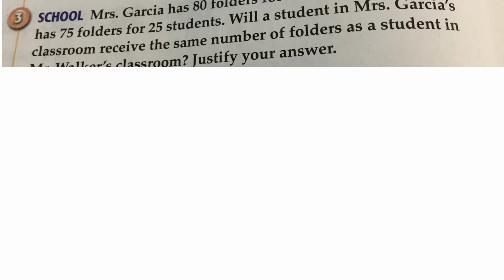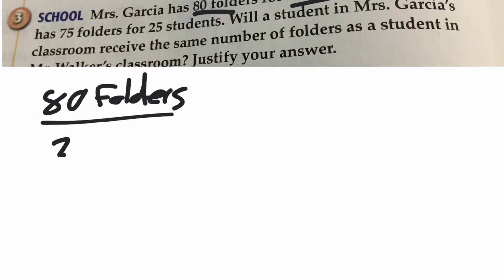So there's 80 folders for every 20 students in Miss Garcia's. So set that up as a rate: 80 folders for every 20 students. Can I reduce that? Yes. What is the GCF? What can they both be divided by?